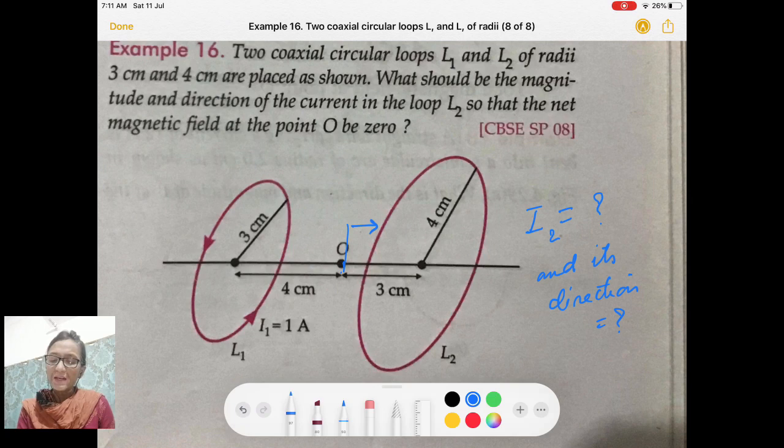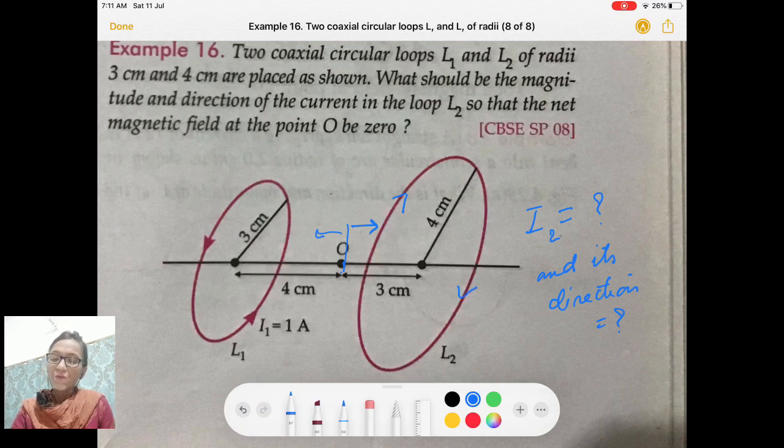So you need a current in L2 so that the magnetic field at O is in the negative x-axis. That can be had only by a current in the opposite direction, meaning clockwise direction.